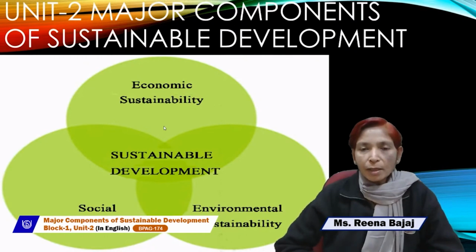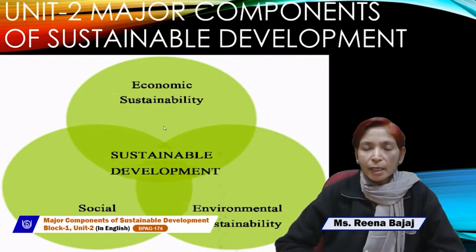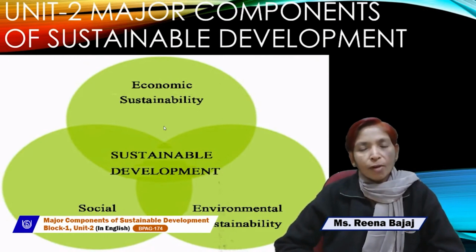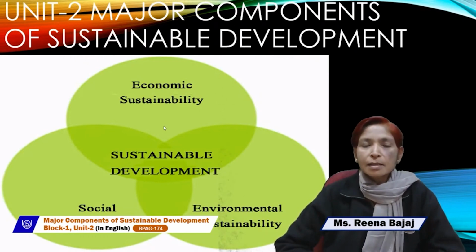Due to its broader concept and broader area, sustainable development goals have been decided at the world level and globally, and 17 goals are under this concept of sustainable development.